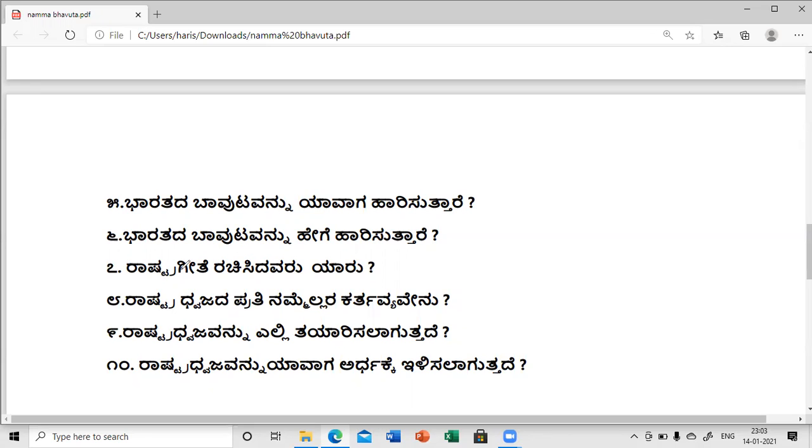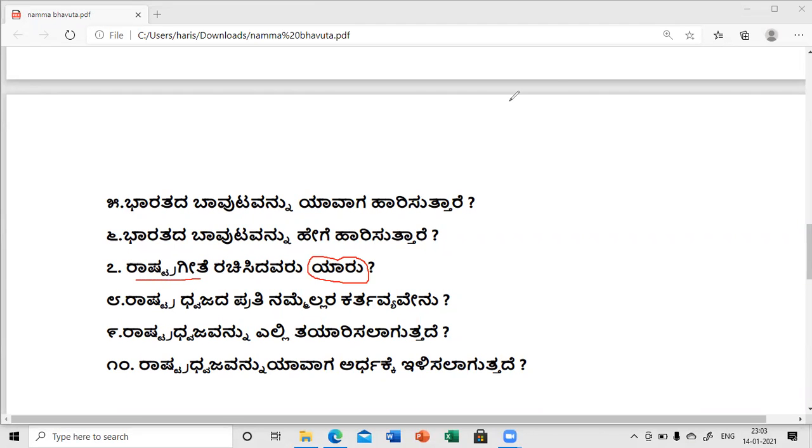All right. So Rashtragite Rachisidavaru Yaru. So again, focus on the question word, that is Yaru. So Yaru indicates who. Means we have to look for a person as part of our answer. So Rashtragite is national anthem. Okay.